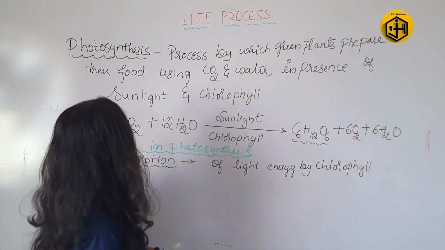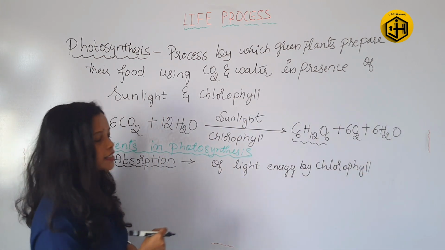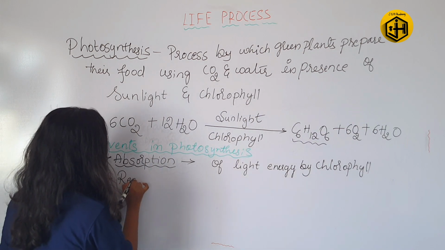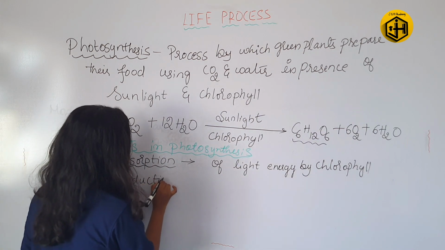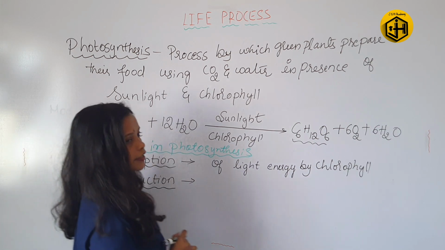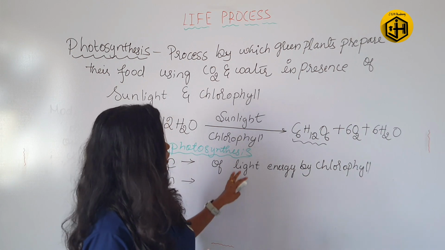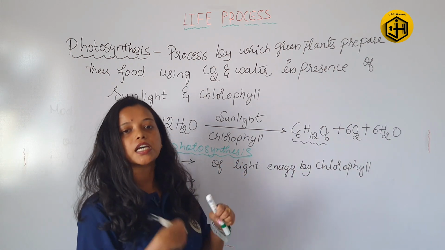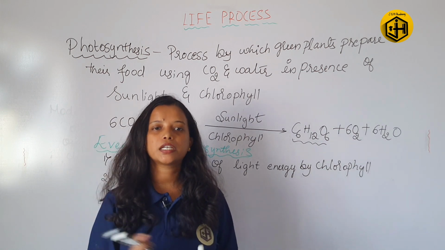Next, the second event in photosynthesis is reduction. What is getting reduced here? The absorbed light energy is converted into chemical energy.